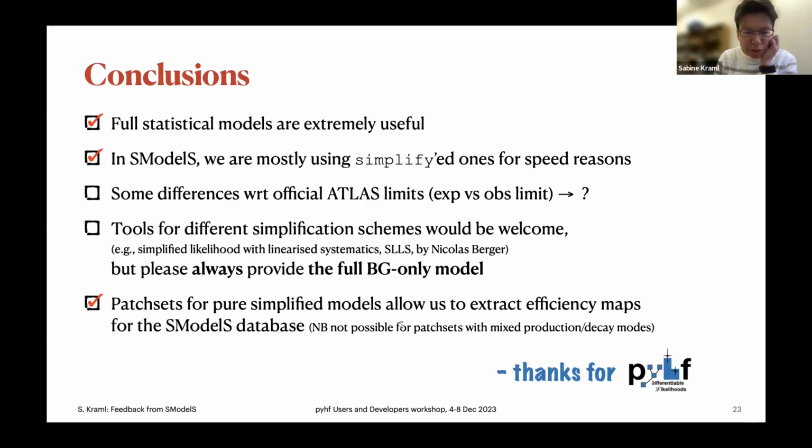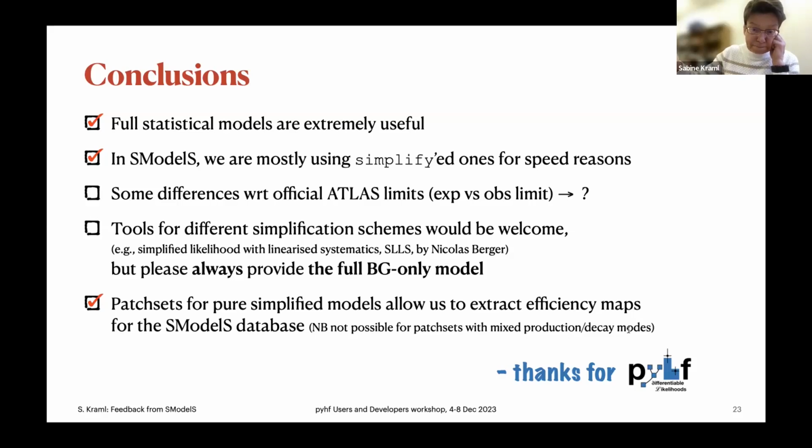Yes, so you mean why it's not possible to use patch sets for mixed production and decay modes? Because our efficiency maps are really for simplified models. Since we decompose every full model input into simplified model components, the efficiency maps that we have in the database need to be for a specific simplified model topology.